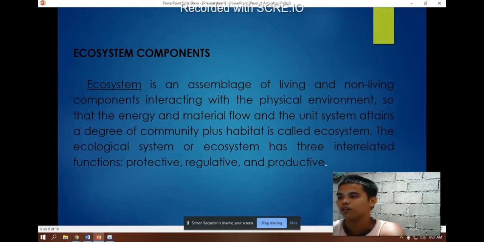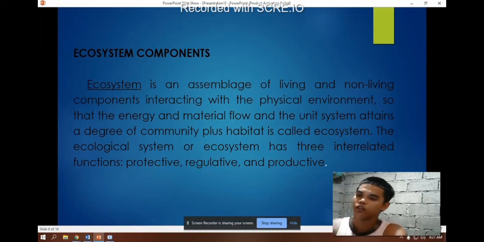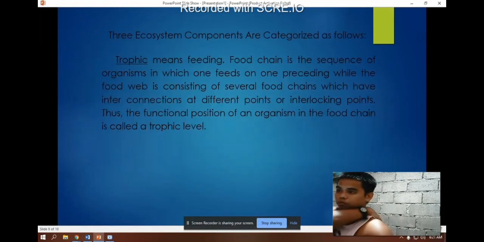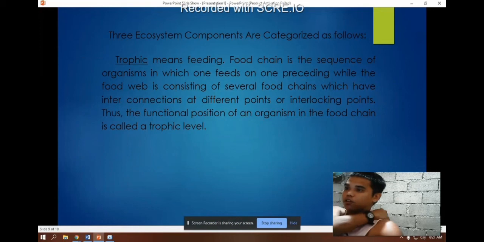The ecological system or ecosystem has three interrelated functions: protective, regulative, and productive. Three ecosystem components are categorized as follows.